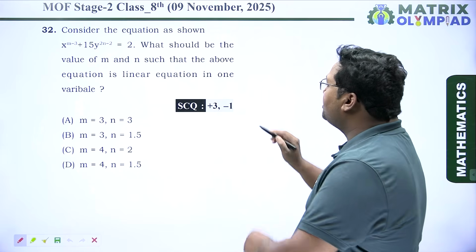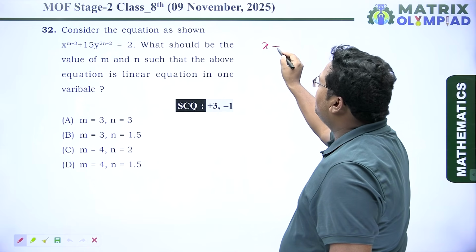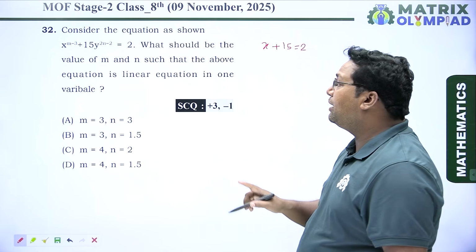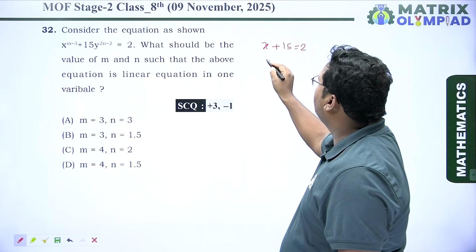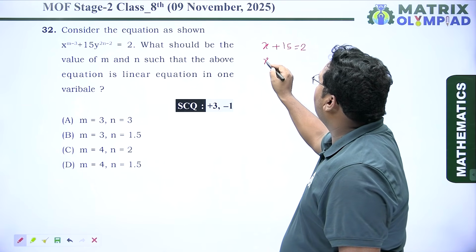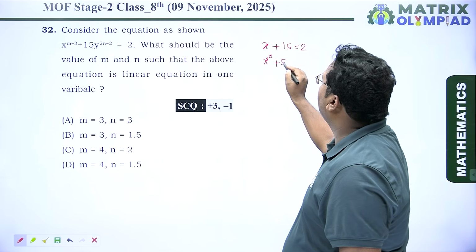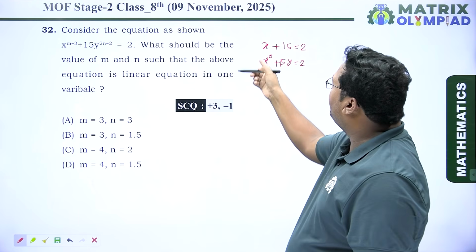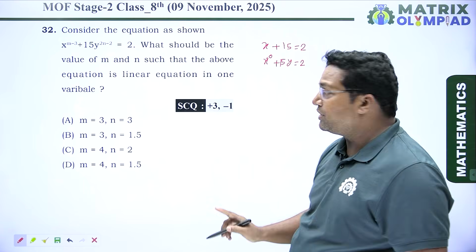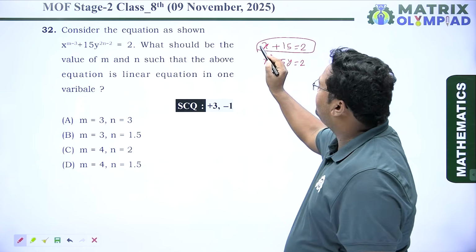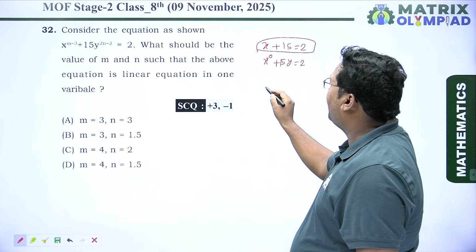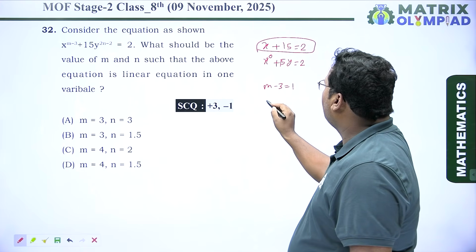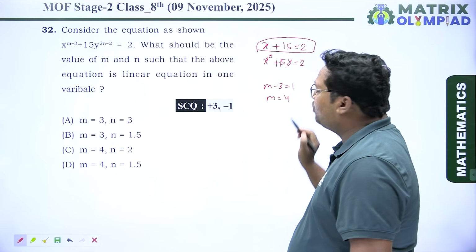So this equation is like x plus 15 equal to 2. It is also one variable equation, or this equation is like x to the power 0 plus 15y equal to 2. So when we compare this equation from the given equation, we have to put m minus 3 equal to 1, where we can get the value of m equal to 4.